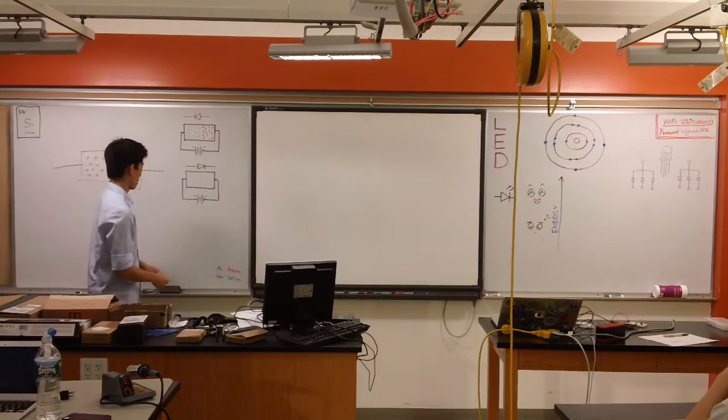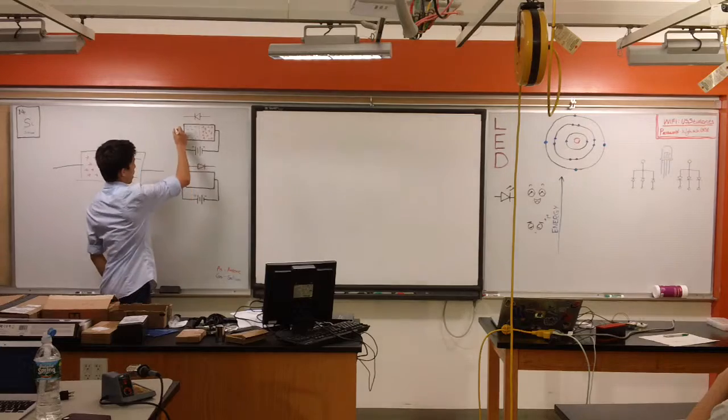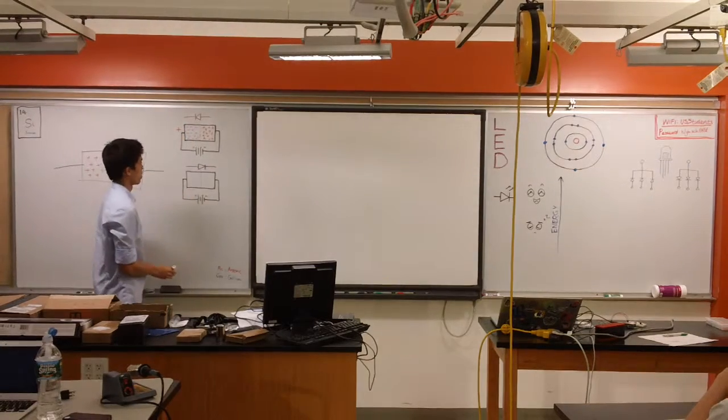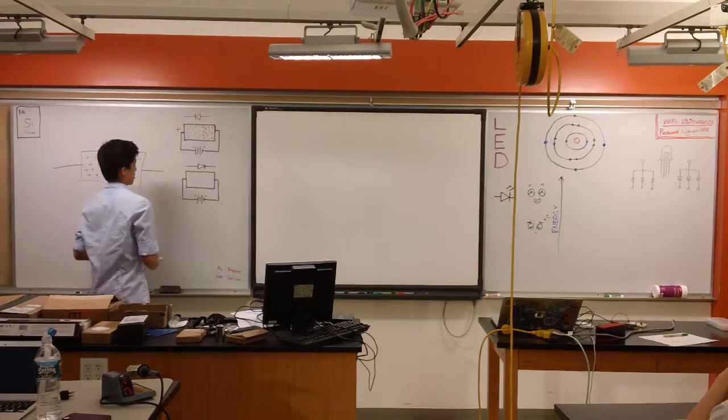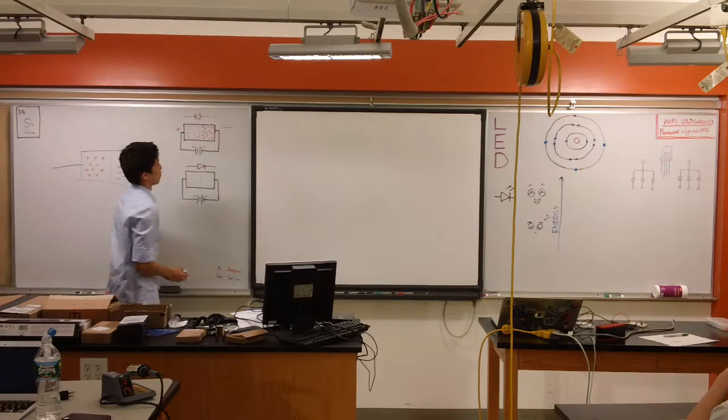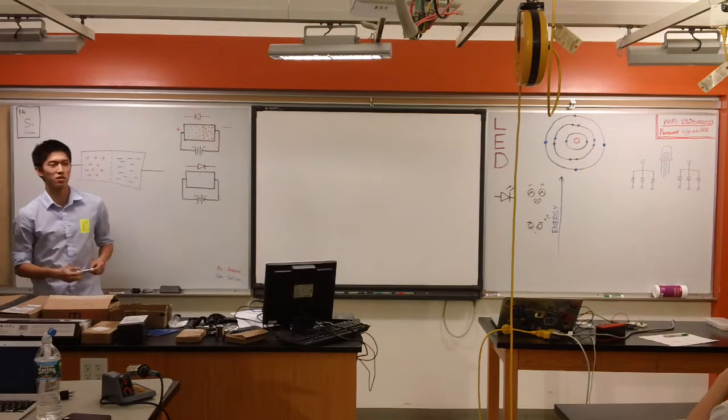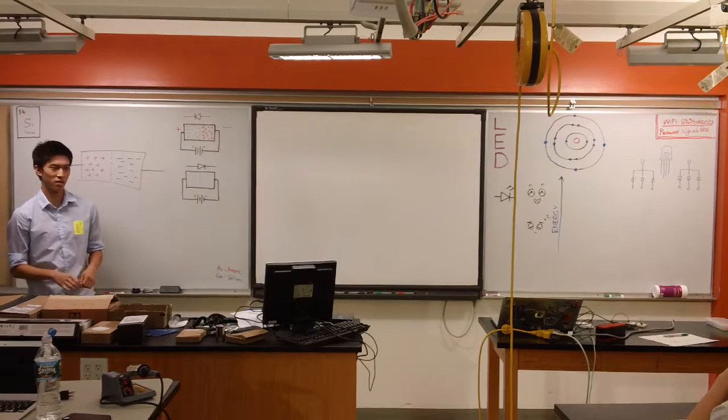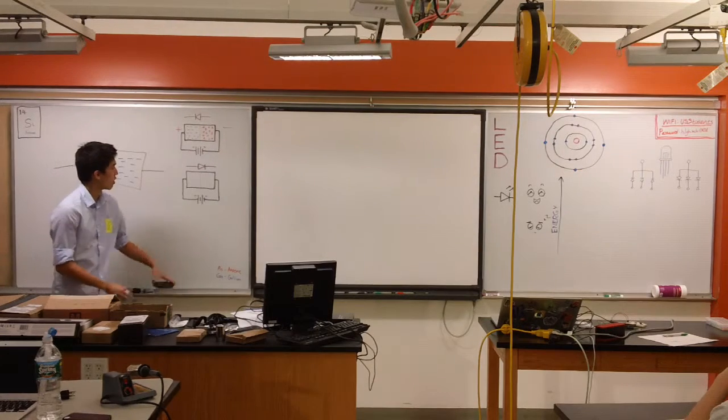No. So if I have a big positive charge over here, and I have a big negative charge over here, what happens? Like, all the negatives are going to go outside the diode, right? And all the positives are going to go outside, right? And then nothing's going to happen. Exactly.